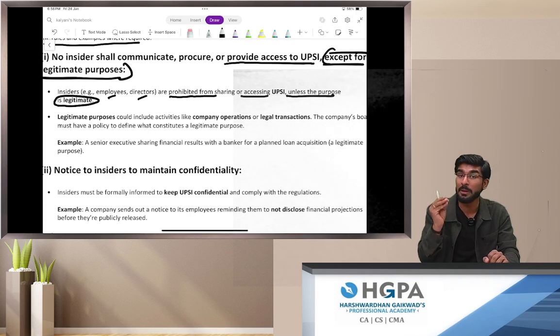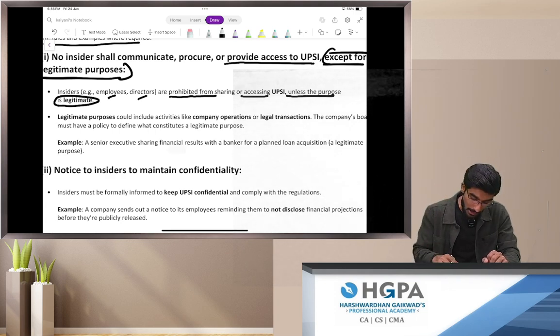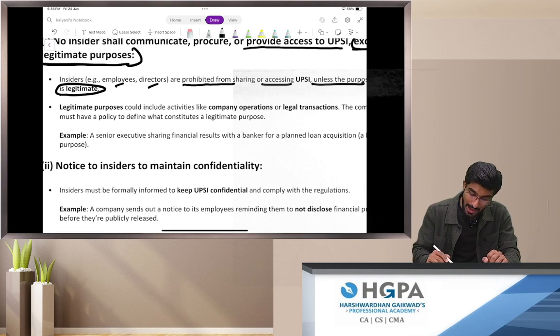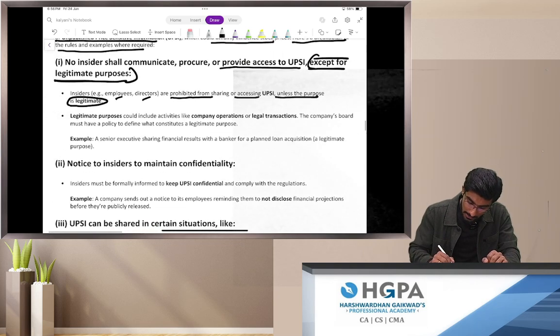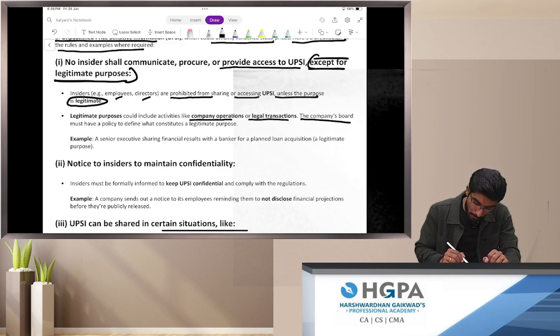Now, what does legitimate purpose mean? It could include activities like company operations or legal transactions. The company's board must have a policy to define what constitutes a legitimate purpose.